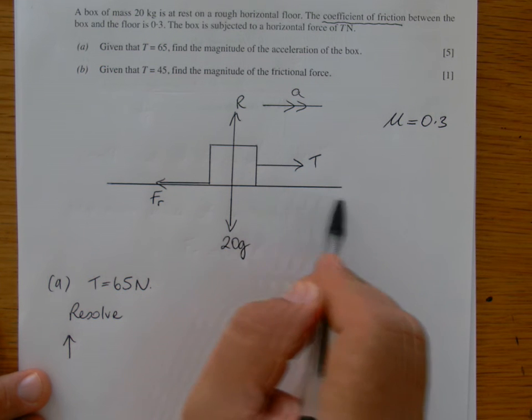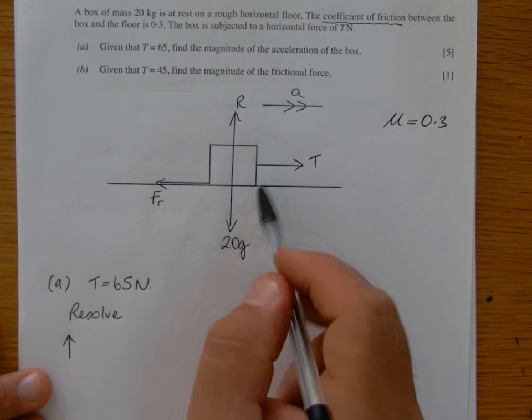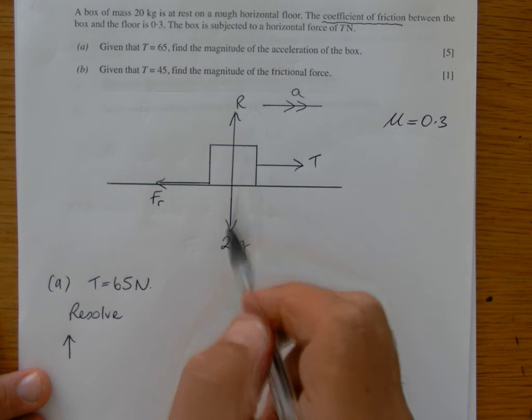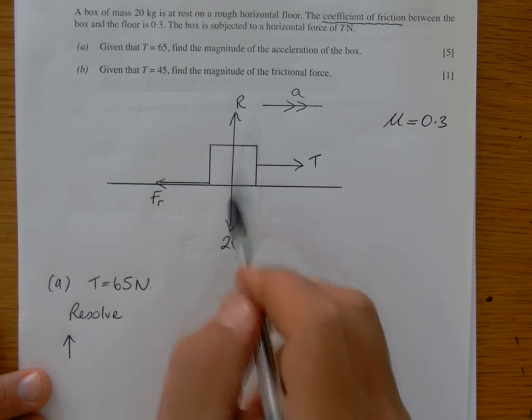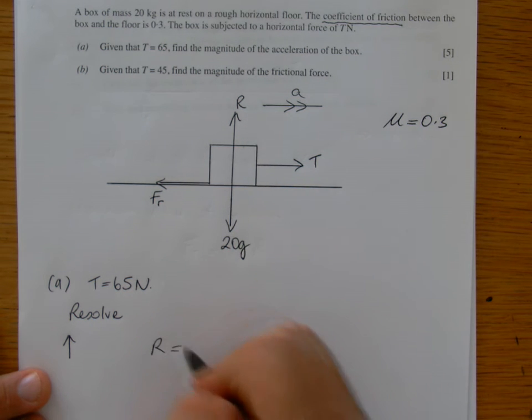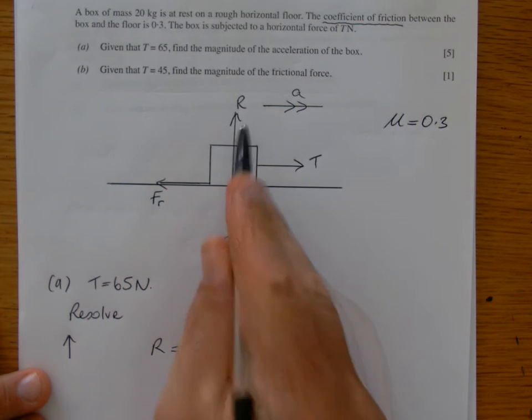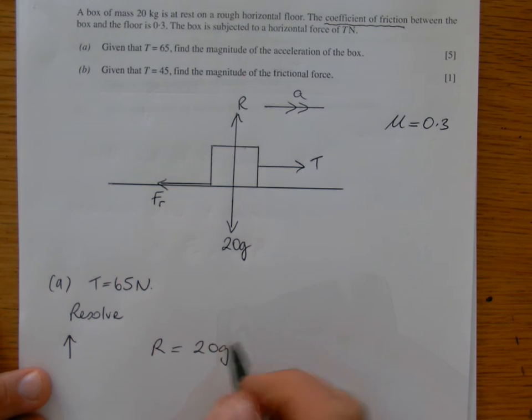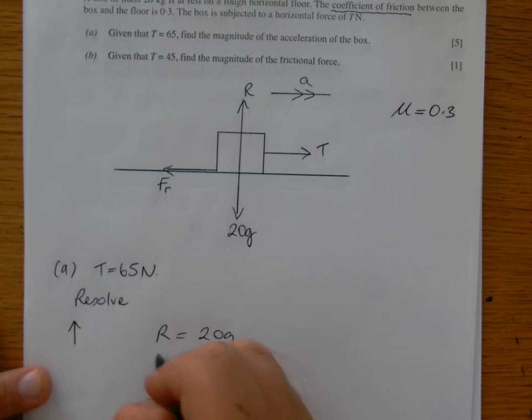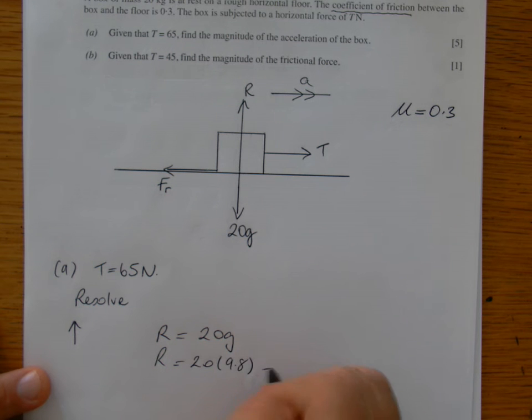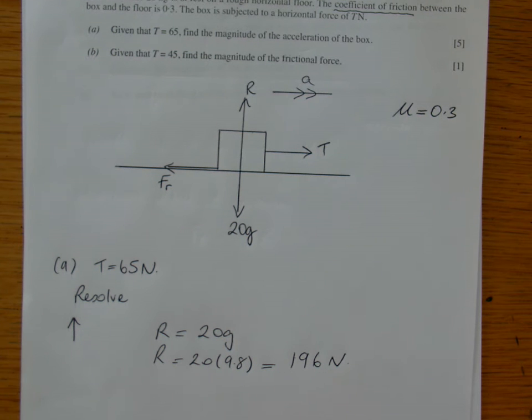It stays in contact with the floor, so there's no acceleration perpendicular. So we're in equilibrium. R will equal 20g. What's up will equal down. Therefore R will be 20 times 9.8, which is equal to 196 newtons. So we've got the value of R.